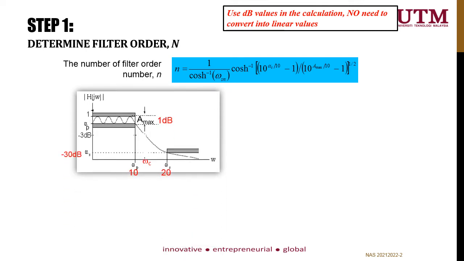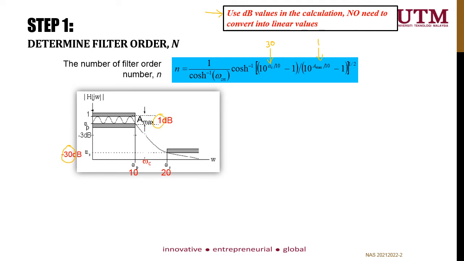This is the filter response that we have drawn earlier. Please remember you need to use dB values inside your equation. So alpha S equal to minus 30 dB, ignore the negative, just put in 30. And Amax given as 1 dB, so just put 1.